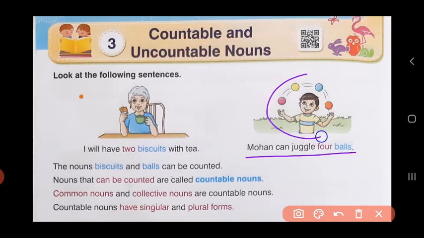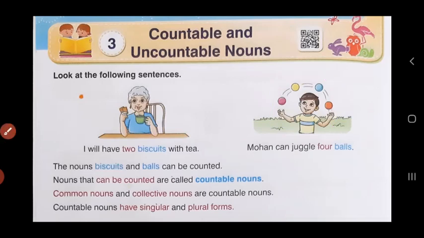Here in this picture, Mohan is juggling or playing with 4 balls. If I look at the noun balls, can I count the number of balls Mohan is juggling? Yes, 4 balls. So in both these examples, we have nouns like biscuit and balls that can be counted.